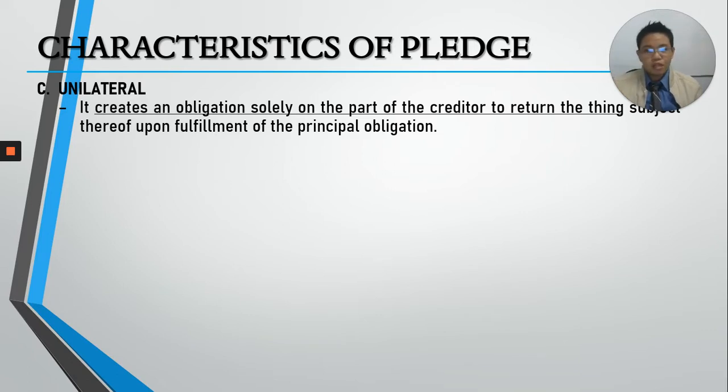Yan. So, yung utang ay yung principal obligation, and pagka nabayaran na yung principal obligation, which is the utang, it will create an obligation on the part only of the creditor to return the thing pledged with fruits and also accessions.